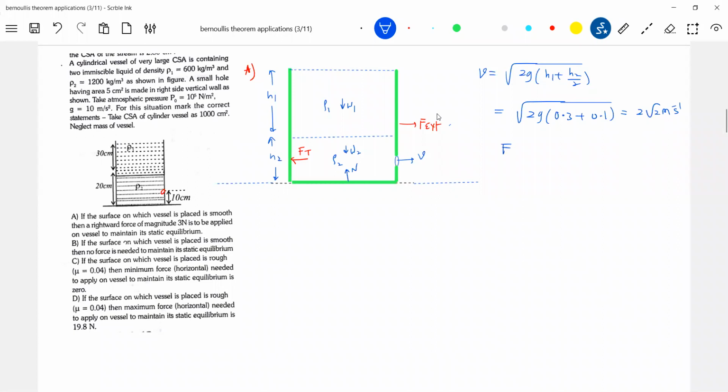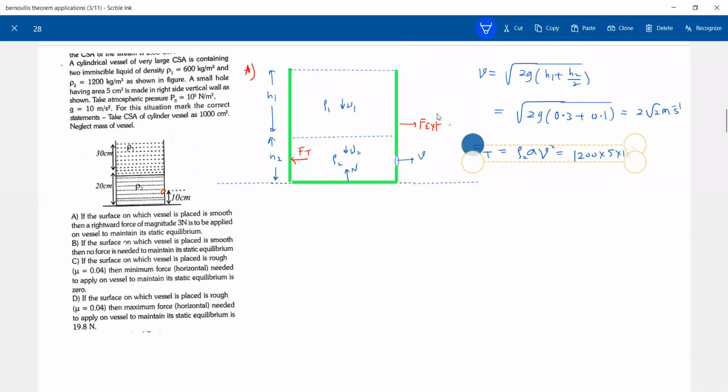Then what is the force? Thrust force should be equal to density of liquid rho 2, area of cross section A, V square. Density of the second liquid is how much? 1200. Area of cross section of the hole, 5 centimeters square, so 5 into 10 to the power of -4. It's calculation based.